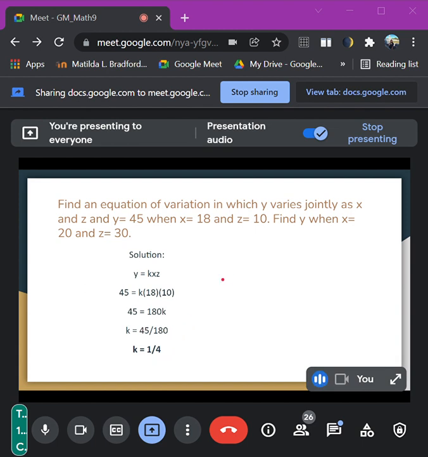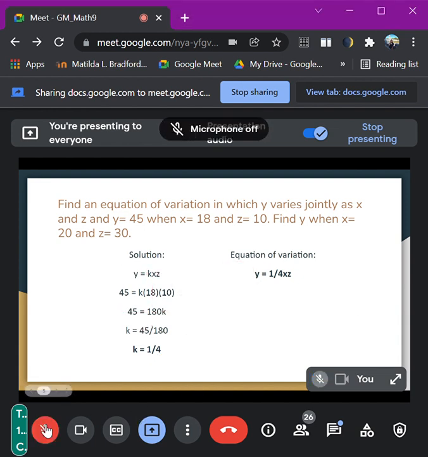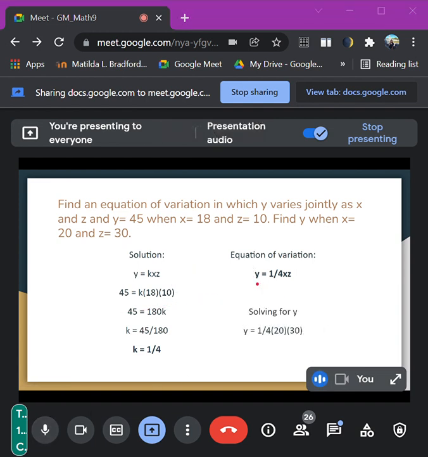Now, this time we're going to find y when x is equal to 20 and z is equal to 30. So for our equation, we replace k with 1/4. Then we solve for y.